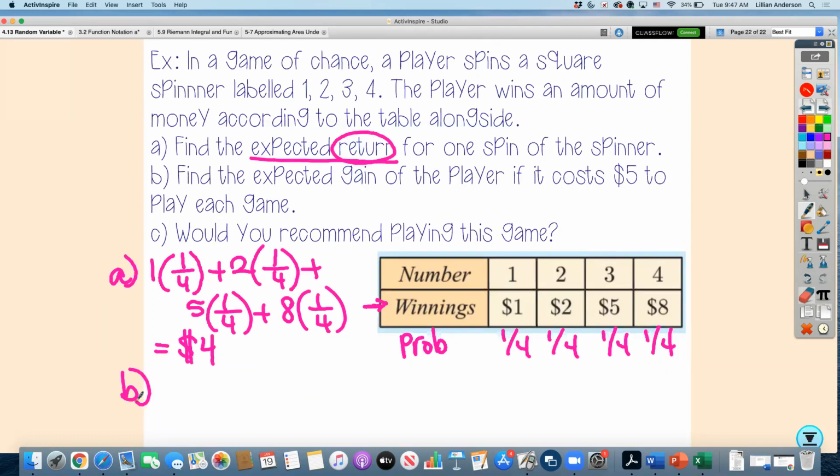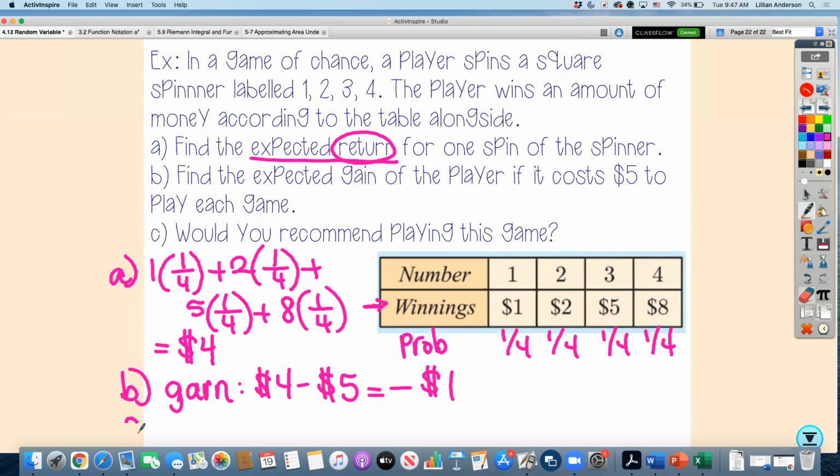To find our expected gain, I would take that return and subtract how much it cost for me to play the game, which was $5. What's $4 minus $5? Careful. It's going to be -$1. Because if we put in $5 to play the game and our respective return is $4, we actually are losing money to play the game.